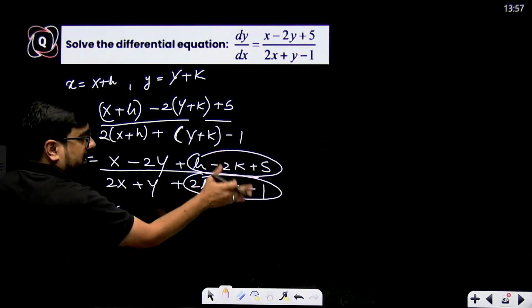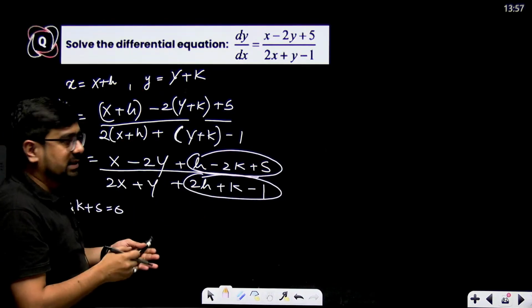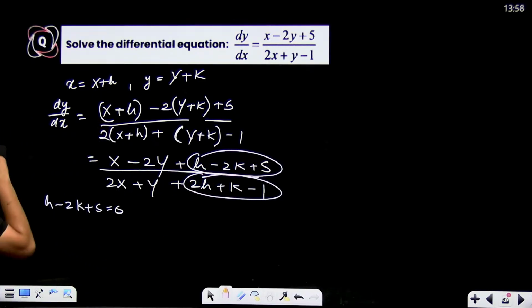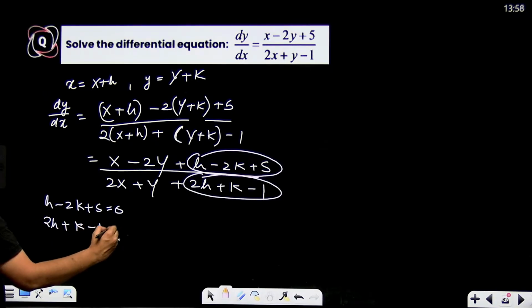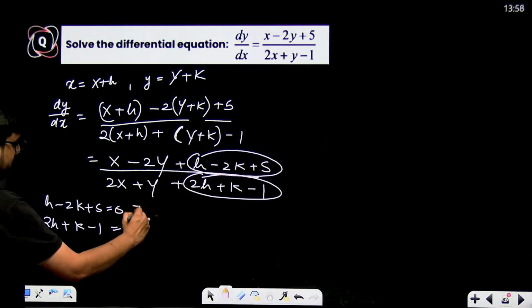This is stopping me from making this entire equation homogeneous. So I'll put h minus 2k plus 5 equal to 0, and 2h plus k minus 1 equal to 0, and find the values of k and h.